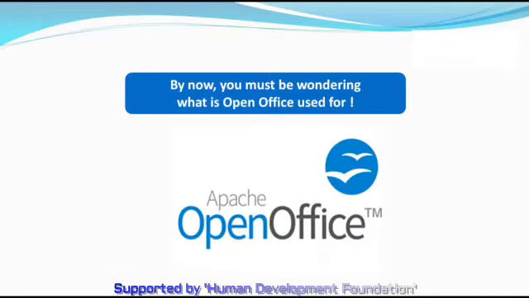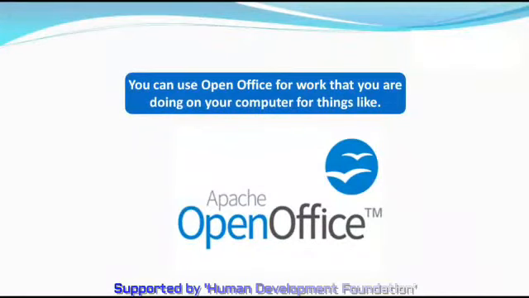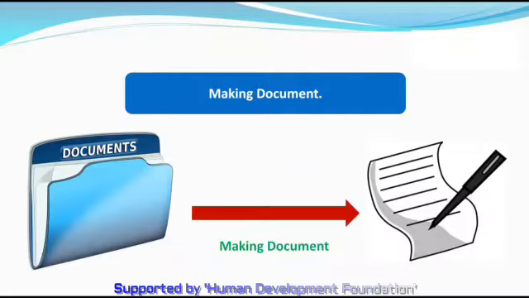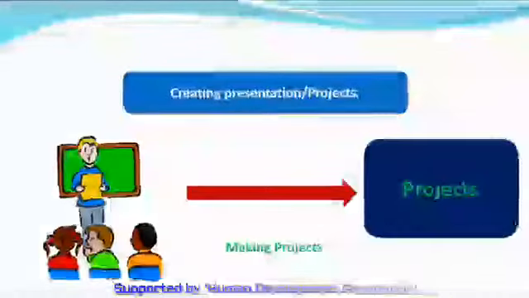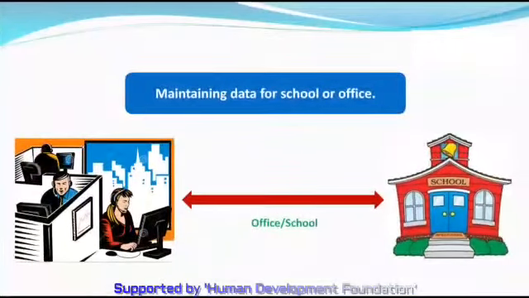By now, you must be wondering, what is OpenOffice used for? You can use OpenOffice for work that you are doing on your computer, for making things like documents, creating presentations, projects, maintaining data for school or office, etc.